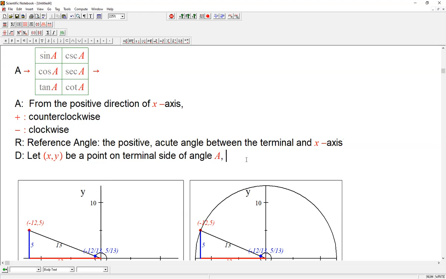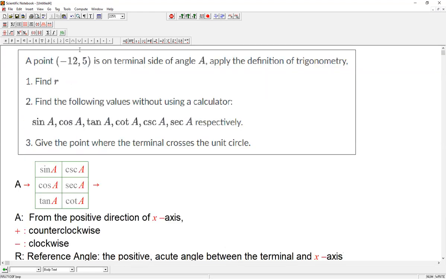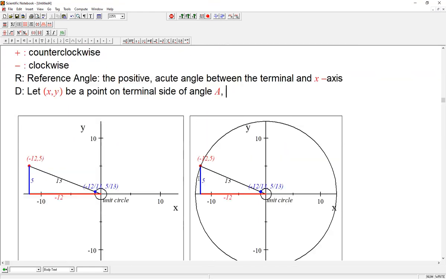X comma Y is the point on the terminal side of the angle. And of course, we use color: the red is the horizontal for X, and the vertical is the Y. In this quiz, the terminal side is in quadrant 2.